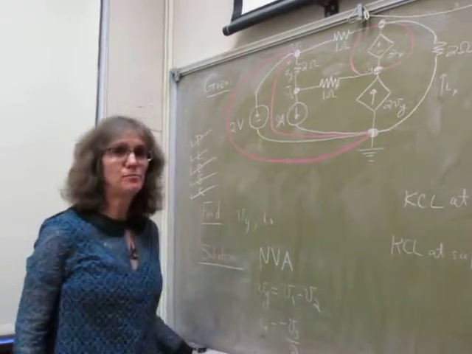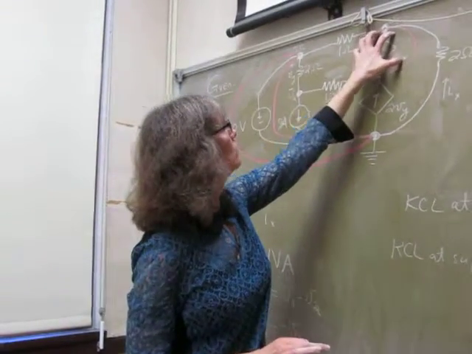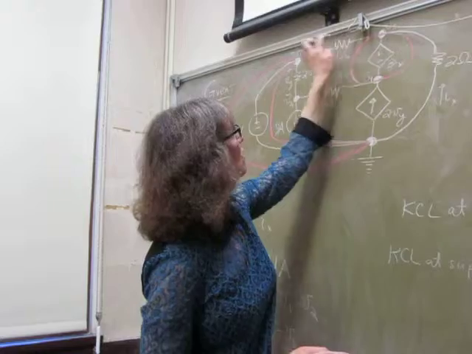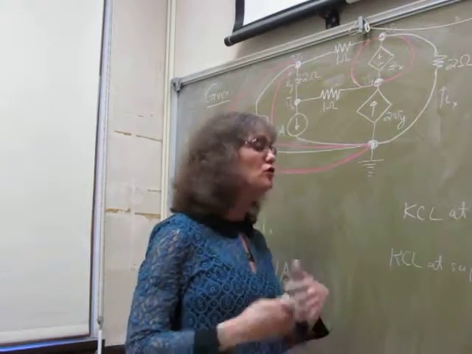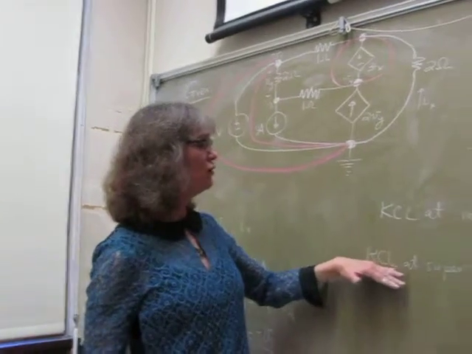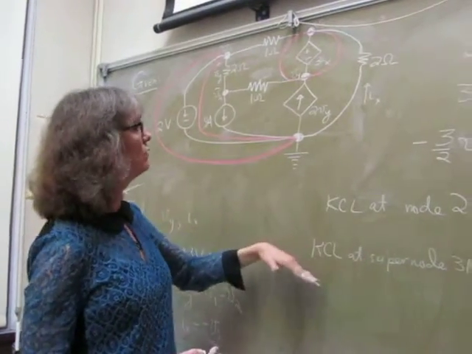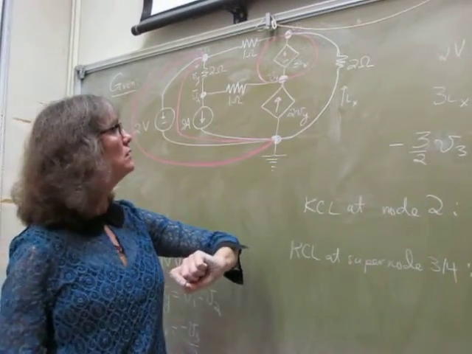The importance there is that if you think of that as a big black dot, it's got 1, 2, 3, 4 branches coming into it. So when you do Kirchhoff's current law at that supernode, I'm going to have 1, 2, 3, 4 terms.